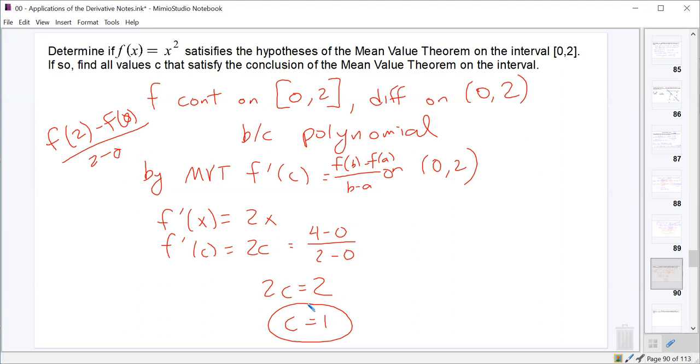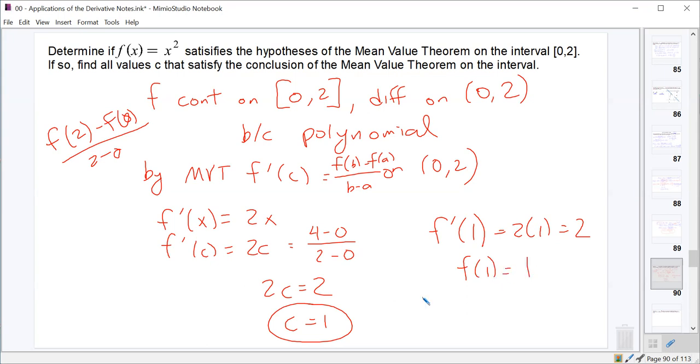It's the place where the average rate of change is equal to the instantaneous rate of change. And so, well, what's f prime of 1? We can see f prime of 1 is just 2 times 1, or just 2. And we could then tell, if we want to, just for the heck of it, to see f of 1 is equal to x squared, or 1.